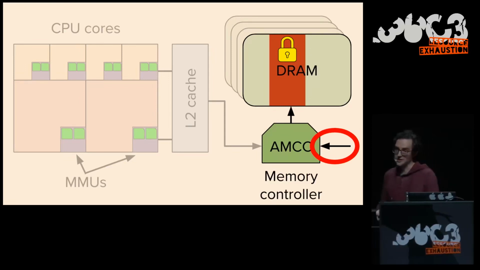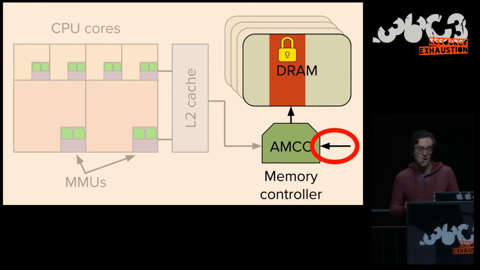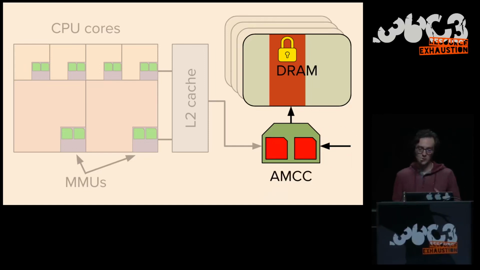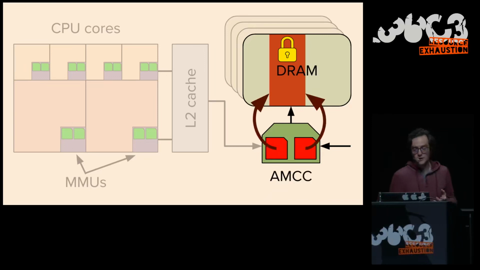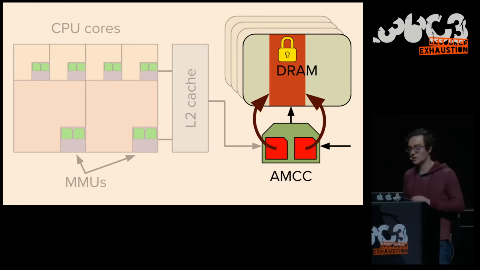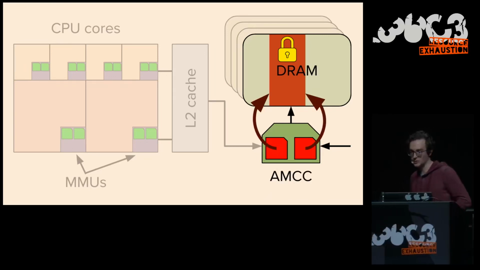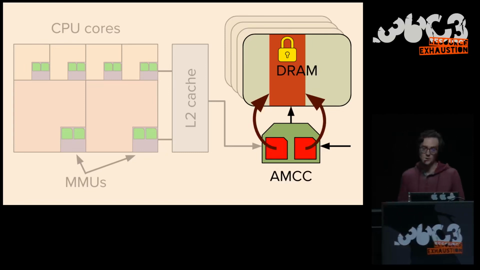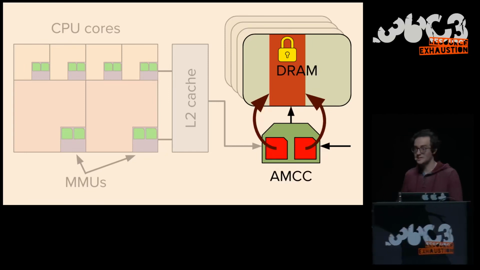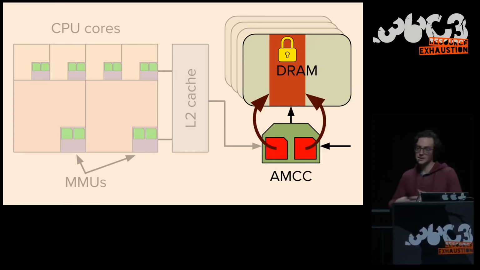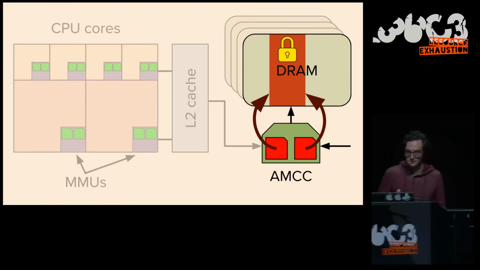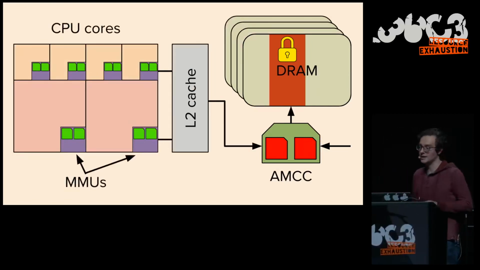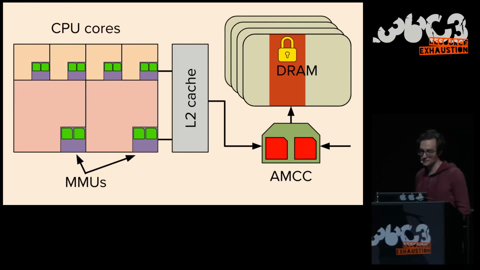So in order to protect against malicious peripherals DMAing over the protected region, we think that Apple has added registers to the memory controller as well that also point to the beginning and ending address of this lockdown region, such that anytime some peripheral tries to DMA over the secure region, the memory controller sees that this DMA doesn't look valid, and it'll just discard the write.